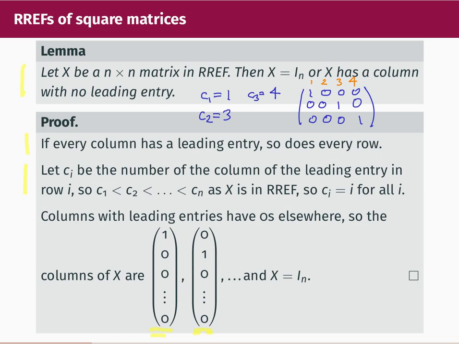C2 is equal to 2, so the leading entry appears in row 2. Every other entry in that column must be 0 because X is in row-reduced echelon form, and the leading entry itself must be 1. So the second column is 0, 1, 0, and then a bunch of zeros, and so on. But these columns are the columns of the identity matrix. Therefore X is the identity matrix.